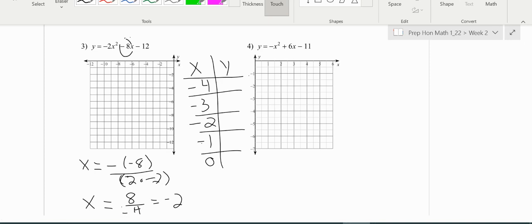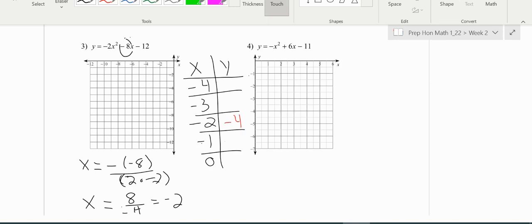So if we go ahead and type that in, so negative 2x squared minus 8x minus 12, our table would produce for us, we would see that at negative 2, we actually get a negative 4.